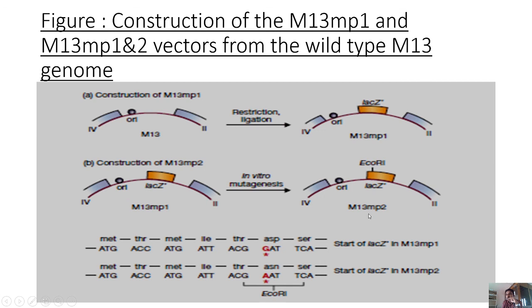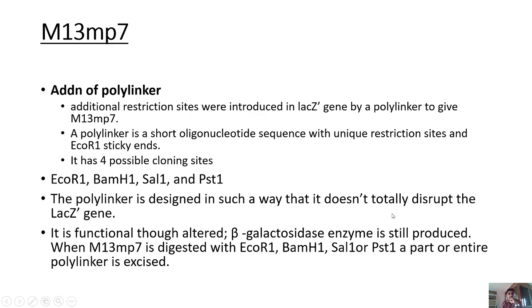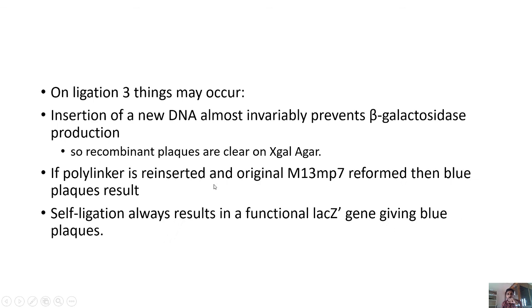Now it is not called M13mp2. Now this is a different vector, M13mp7. See the sequence of the polylinker we introduced into mp2 for constructing mp7. This is the sequence: EcoRI, BamHI, SalI, then after that it is PstI.